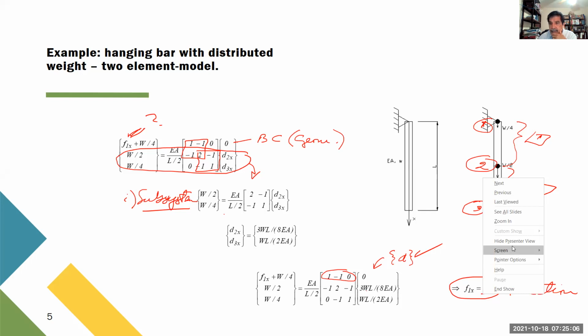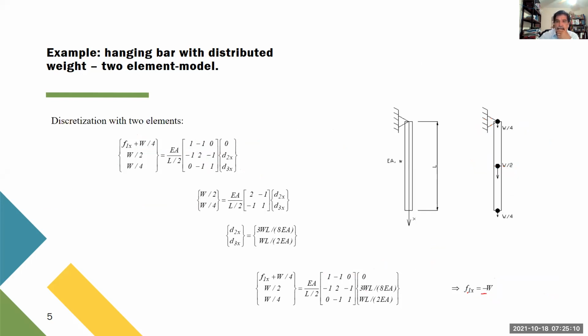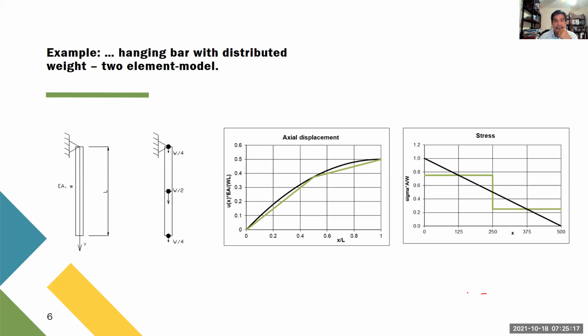Let me erase this. Okay. It looks like the animation is incorrect, but this is the solution. So from here to here is element 1, and from here to there is element 2.